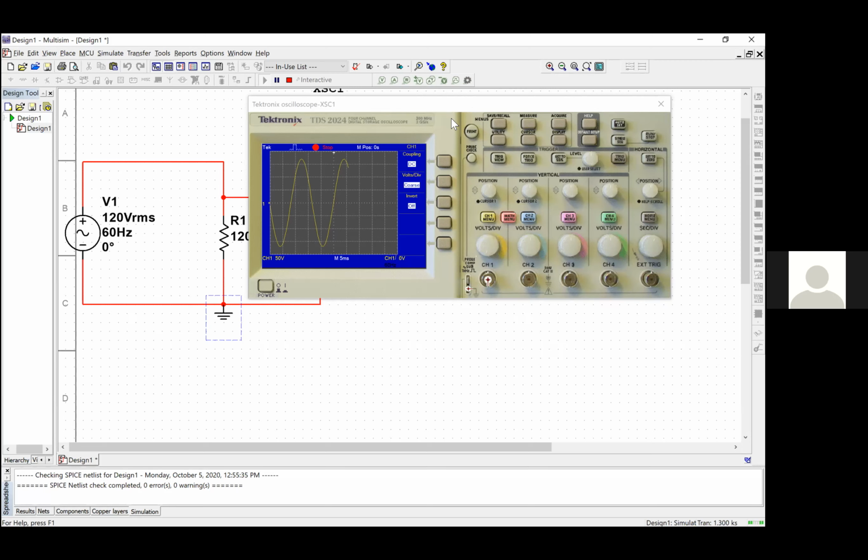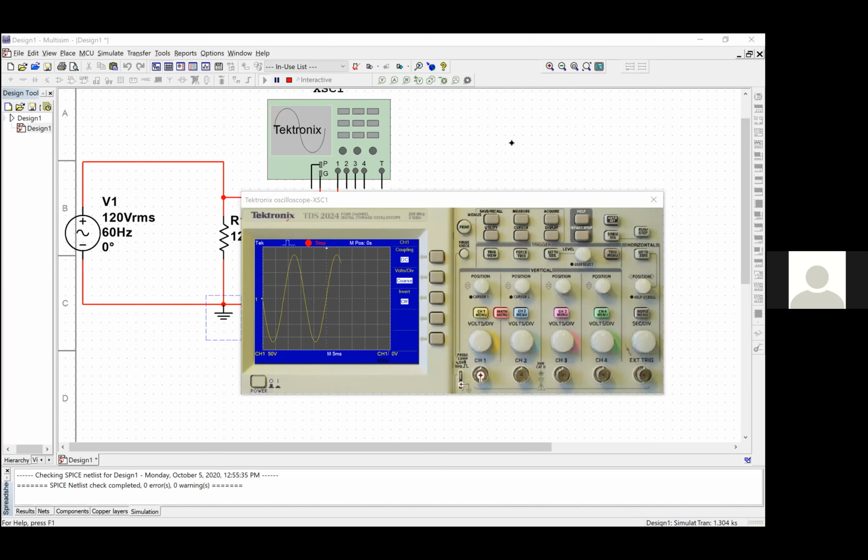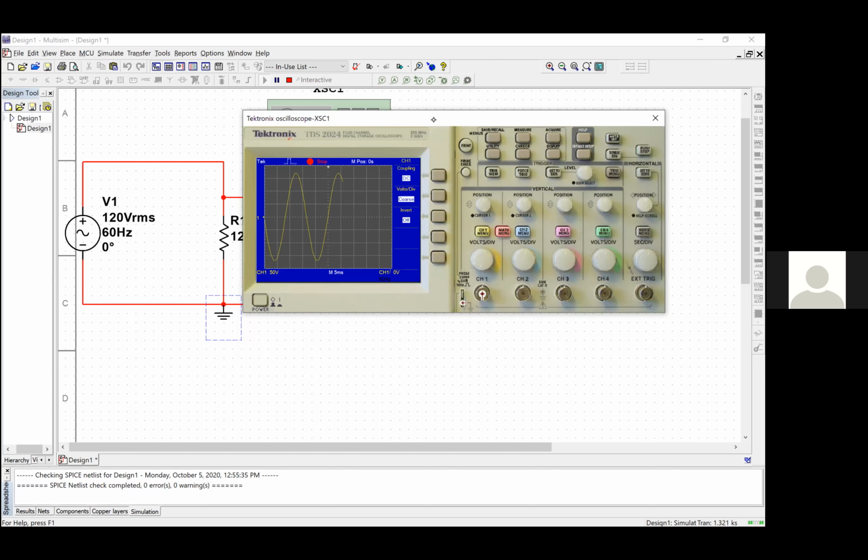The only reason why I am using Multisim for this specific lesson is because Multisim has the same oscilloscope, the electronics that we are going to use in the shops. So this is going to allow me to show you all the different buttons that we have to get acquainted with to begin with.